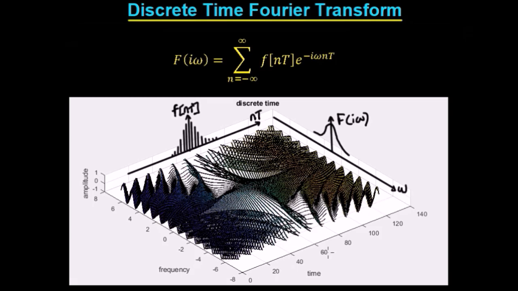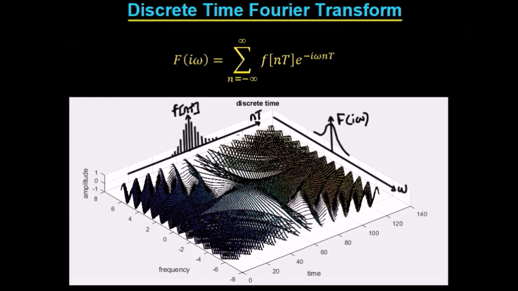So this is our time axis here. In the time axis only discrete values exist, but you can see the frequency axis is still continuous, but the time axis is discrete. So in order to do this discrete time Fourier transform, we take our function f of nT and it's going to modulate the surface, and we'll see that just in the next slide.